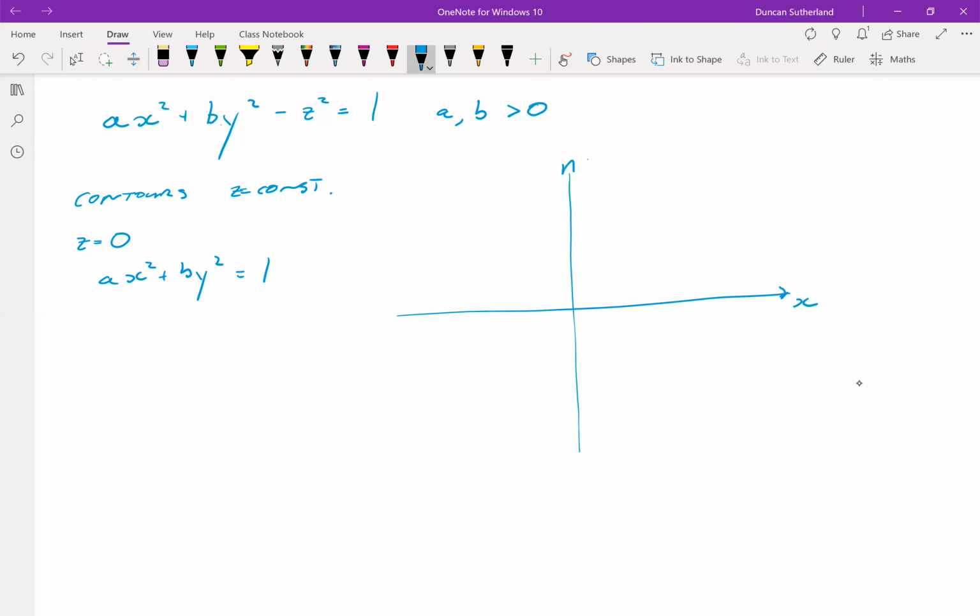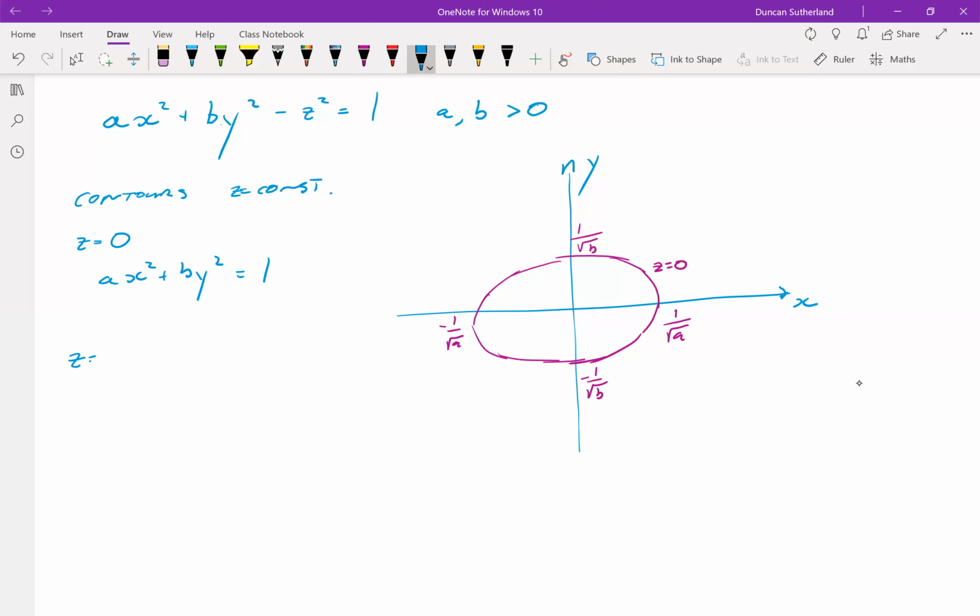But essentially this just comes down to an axis scaling type thing. Right, so there's our ellipse. If we've got y equals 0, we know that x is 1 on square root a, minus 1 on square root a. This will be 1 on square root b, minus 1 on square root b. Right, that's the z equals 0 contour.